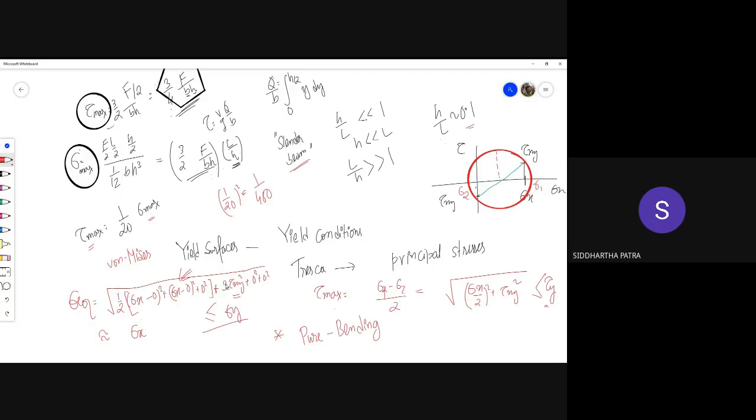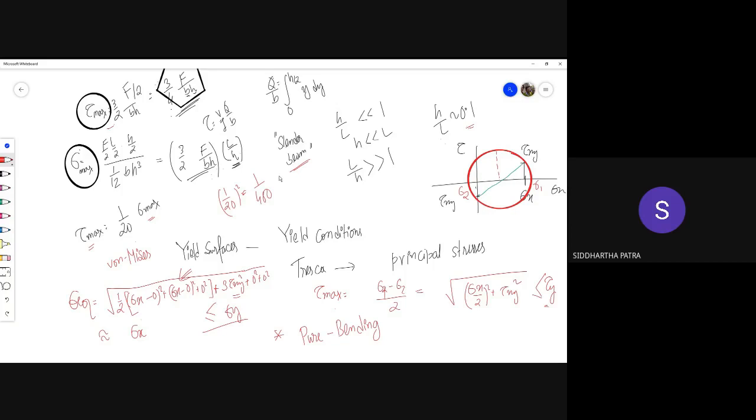So if h by L is, let's say, 1 in 20, then this relation should be around 1 in 1600, because then this should be 1 by 40. So for all engineering purposes, you can completely neglect this portion of it.